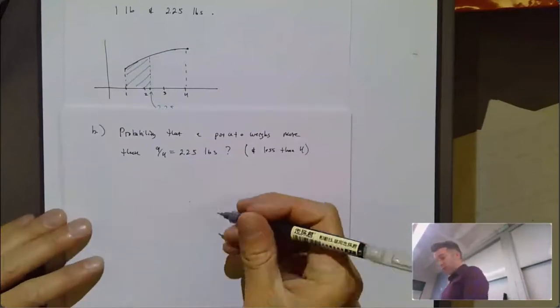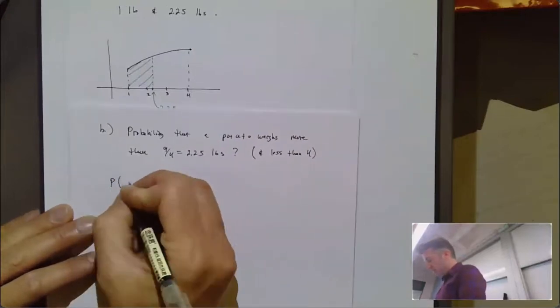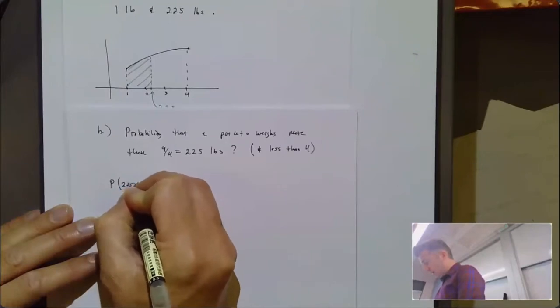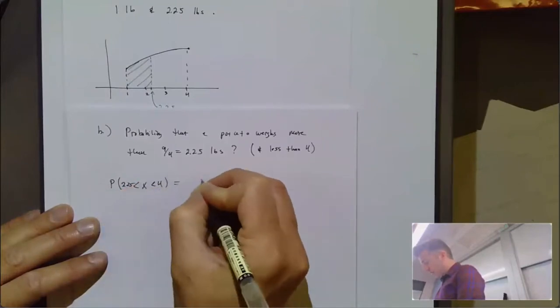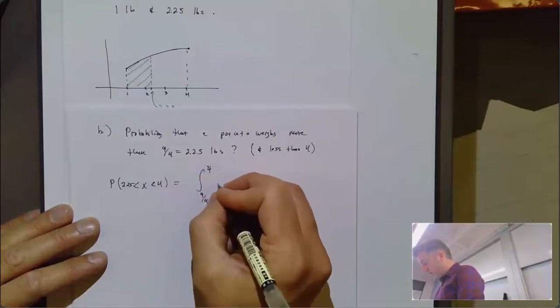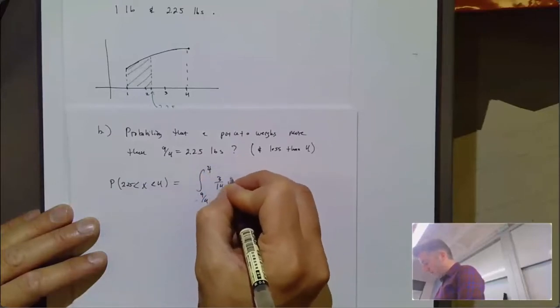So we could either calculate this as the probability that x is bigger than 2.25 but less than 4 as the integral from 9/4 to 4 of your 3/14 times the square root of x.